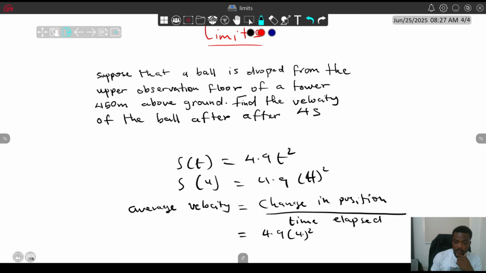No, say 4.2 minus 4.9 times 4 squared. And the difference will be what? Will be 0.2. So then we have 40.18 meters per second. Right.